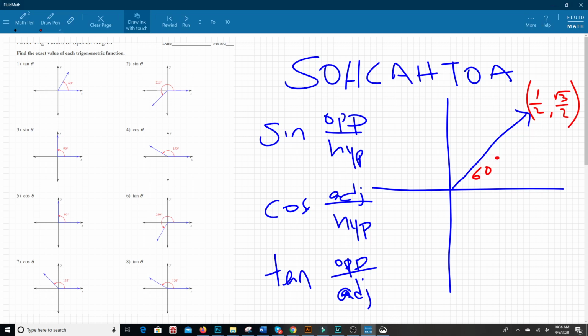So 1/2 will represent our x, and radical 3/2 will represent our y. Keep in mind that the x is represented by cosine and the y is represented by sine.